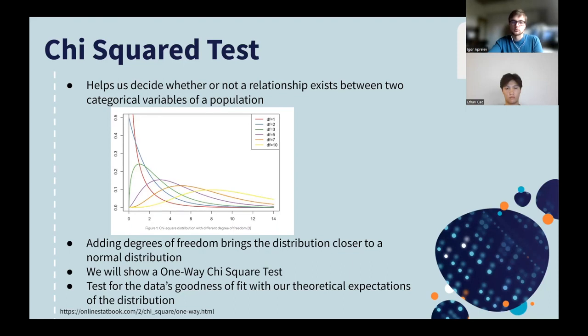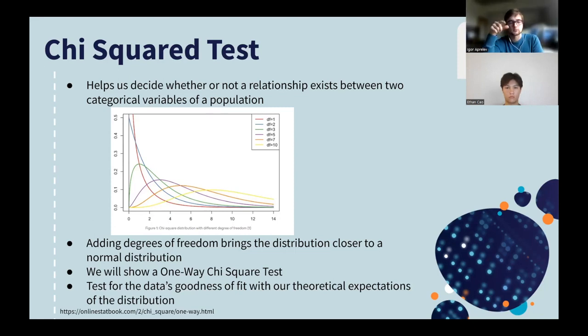As you can see in the graph, the chi-square distribution changes based on the amount of degrees of freedom you allow. So the greater the degrees of freedom, the more and more it starts to look like a normal distribution. And in our specific example that we're going to show next, we're actually going to show a one-way chi-square test.